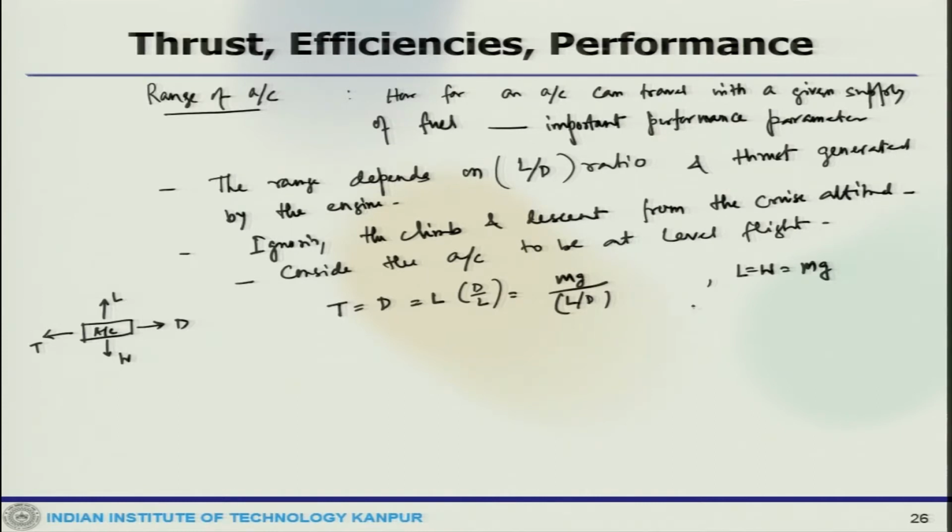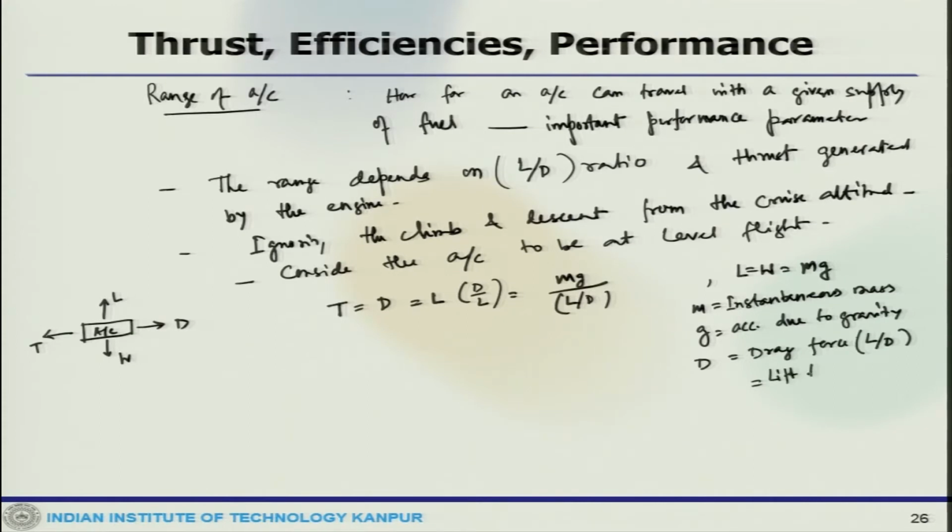Here m is the instantaneous mass, g is the acceleration due to gravity, D is the drag force, and L by D is the lift to drag ratio.